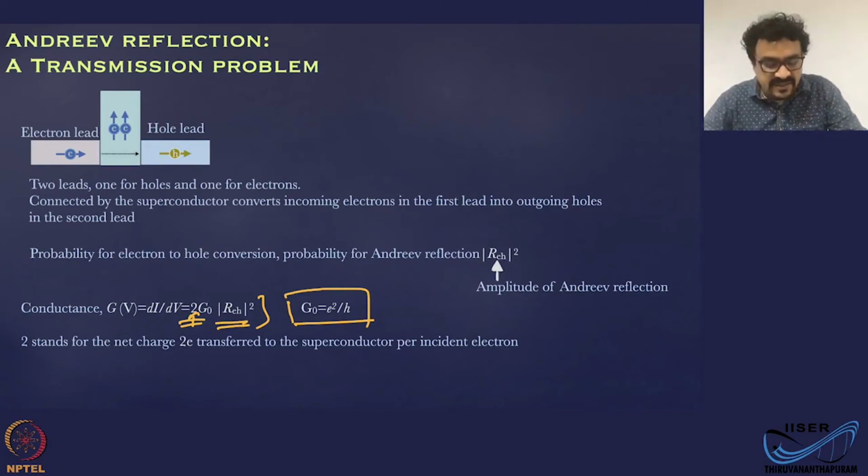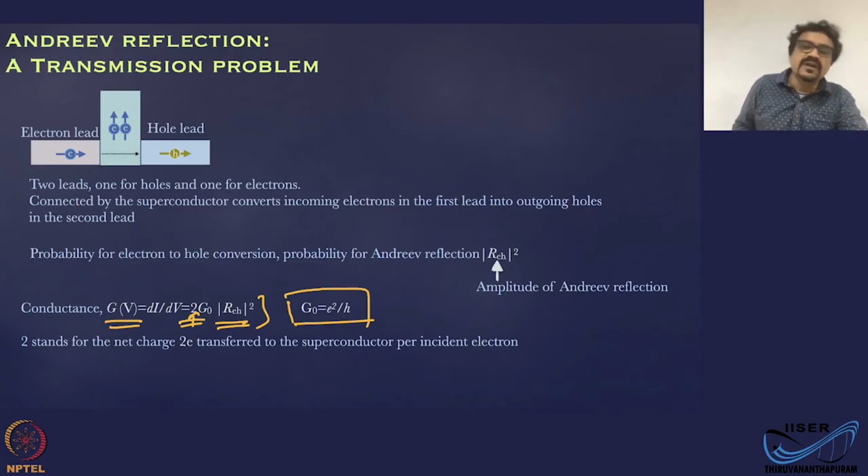And anti-reflection you can treat as a transmission problem where the transmission probability is the probability for the anti-reflection, and you will get the conductance as 2G0 times REH square, where REH is the amplitude for the anti-reflection, its square is the probability for anti-reflection, and G0 is the conductance quantum.